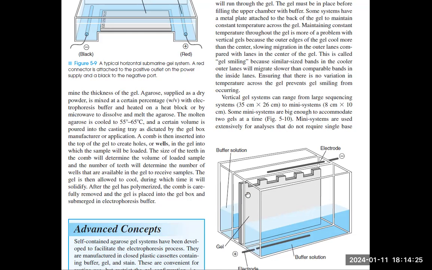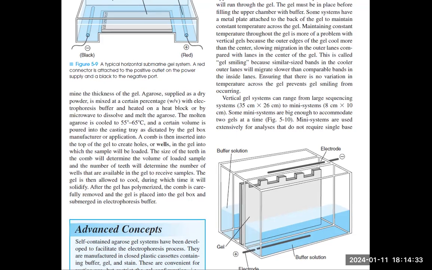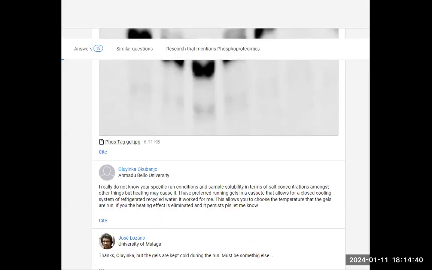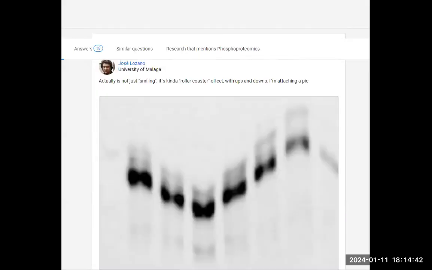So there is slower migration at the outer lanes, but faster migration in the central part, giving you a gel that tends to appear like a smiling face. See, guys, like a gel smiling. The central part is hotter, so faster migration, and the outer lanes are cooler, so slower migration.